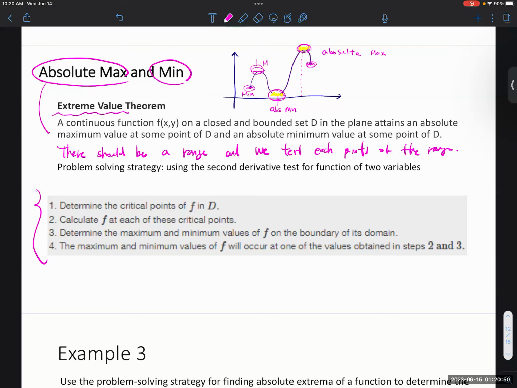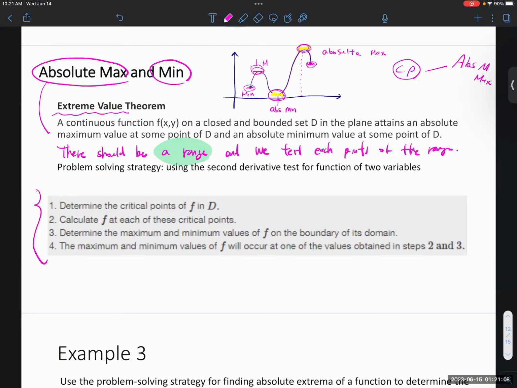I'm going to show you an example because I want to really emphasize the range that is given. We don't have a guarantee that critical points are going to be the absolute min or absolute max.